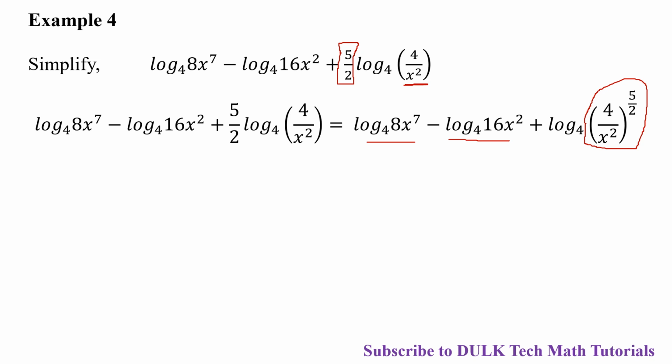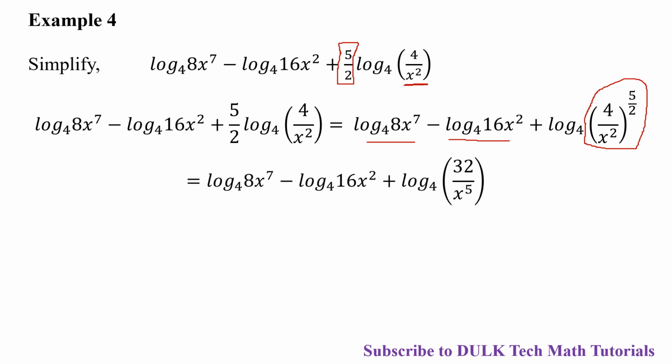Then according to the laws of indices, if we distribute the power here, this will be 4 to the power 5 over 2, which is 32. This one will be x to the power 5, and this simplifies to this.